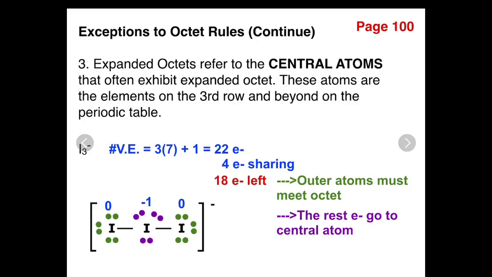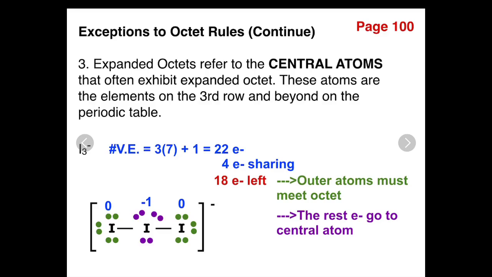So if you're looking at this structure here, the formal charges are already close to 0, and the -1 right here, if you add all of these together, is already equal to the overall charge that we want. So that means this is going to be the best Lewis structure already.